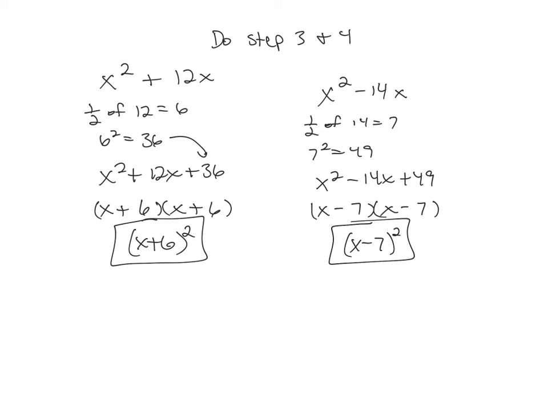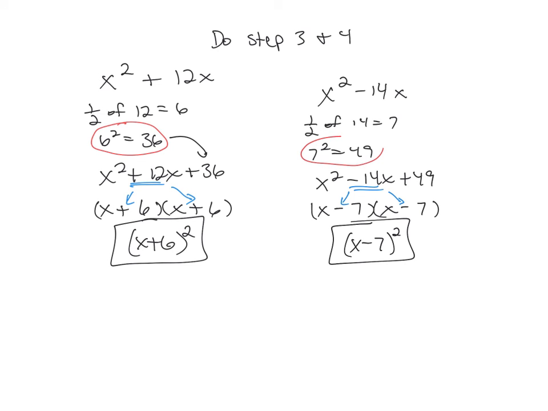Okay, so on both of these, I have positive 12, and so I used positive for both. I have negative 14, and I used negative for both. In completing the square, that will always happen. Okay, the number at the end, the 36 and the 49, will always be positive because we're squaring.